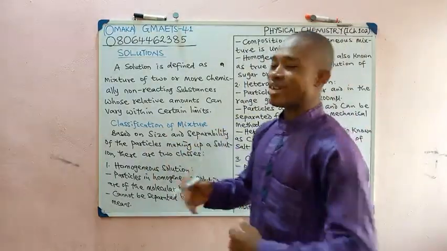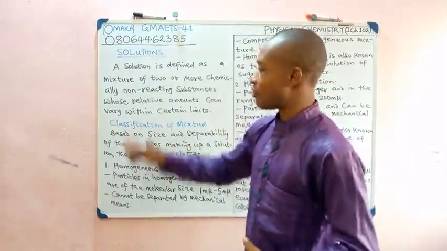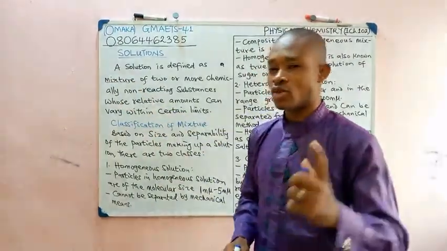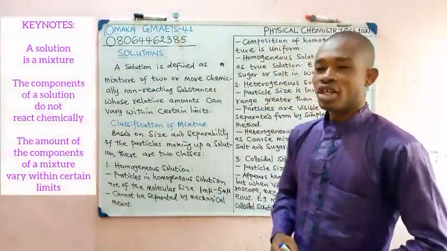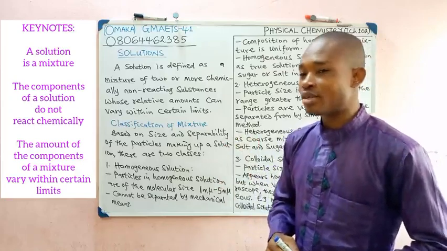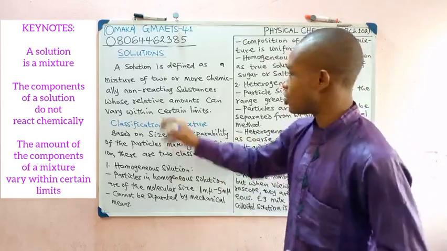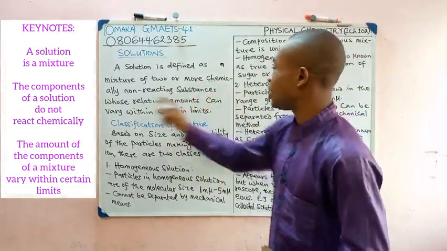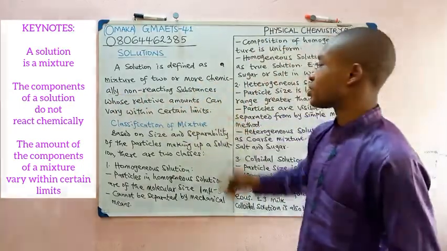Now, what are the key words that you should know from this definition? First, that a solution is a mixture. You should also know that this mixture contains two or more substances that do not react chemically, and so we have chemically non-reacting substances.